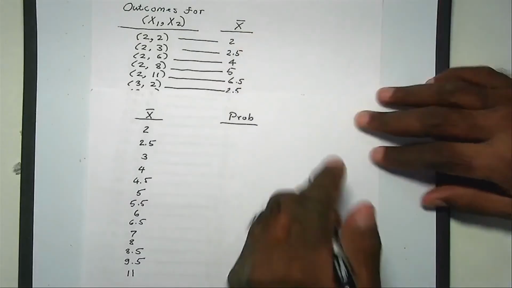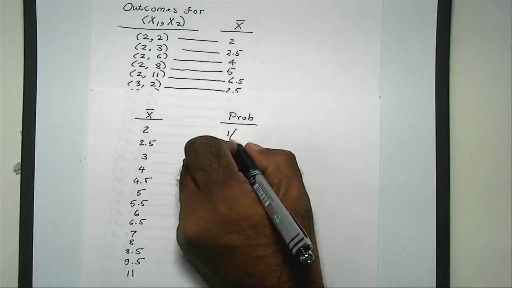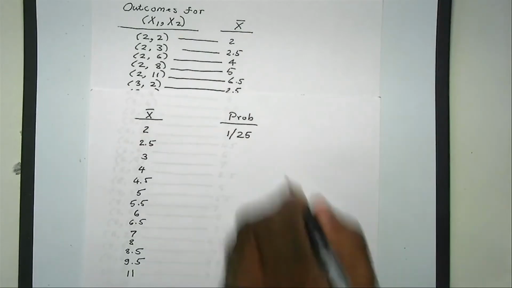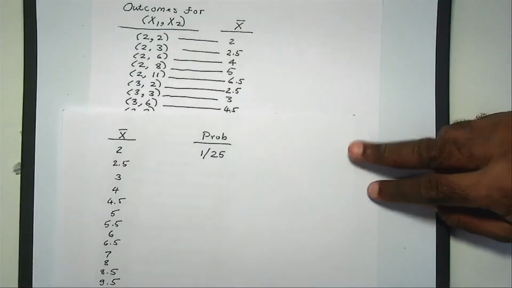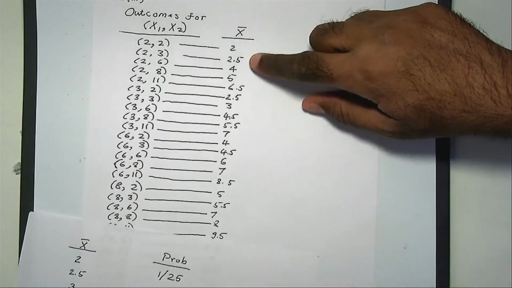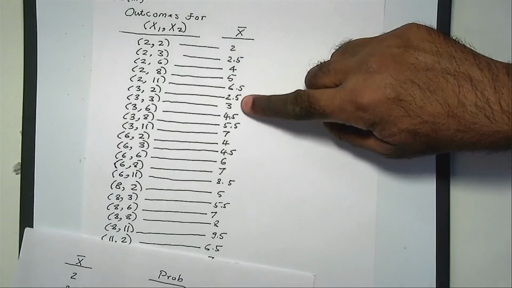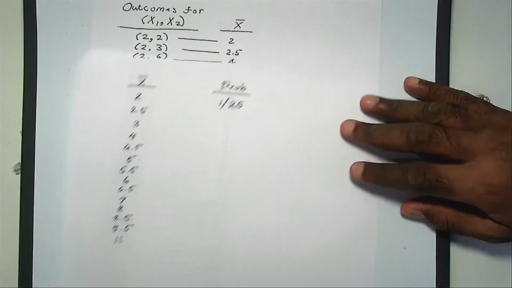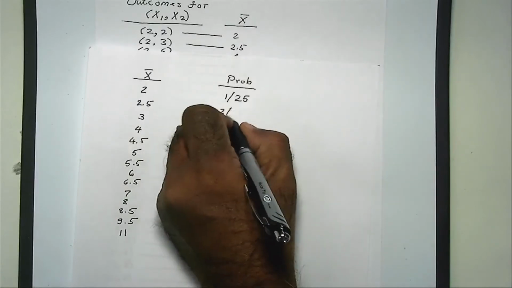So the probability corresponding to this is 1 divided by 25, the total number of outcomes in this table. Now for 2.5, how many of these outcomes have 2.5? There is 1 here and there's 1 here. So there are 2 outcomes corresponding to 2.5, and the probability is 2 out of 25.